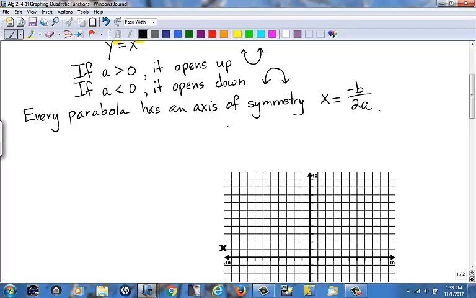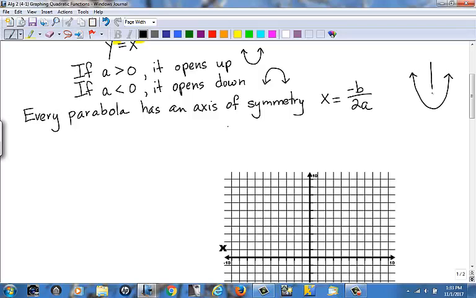So you're going to end up with x equals a number. X equals a number, is going to graph what kind of line? Vertical. So x equals a number. So the axis of symmetry is going to be a vertical line, and we're going to use that fact when we're graphing.